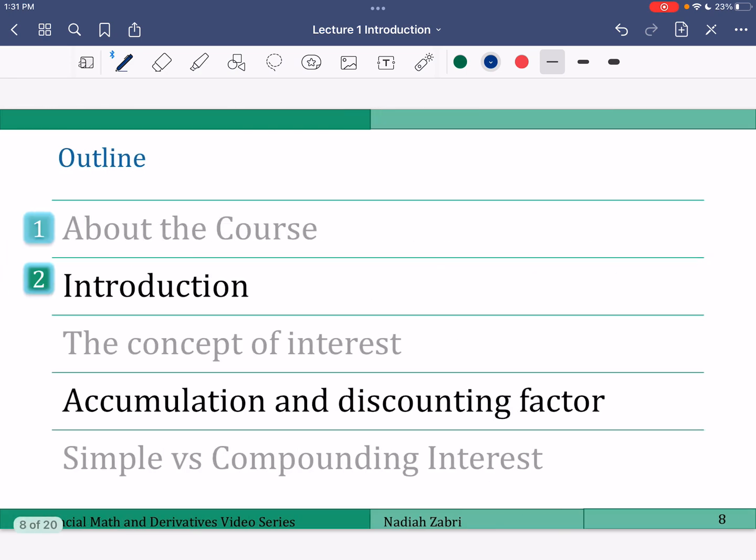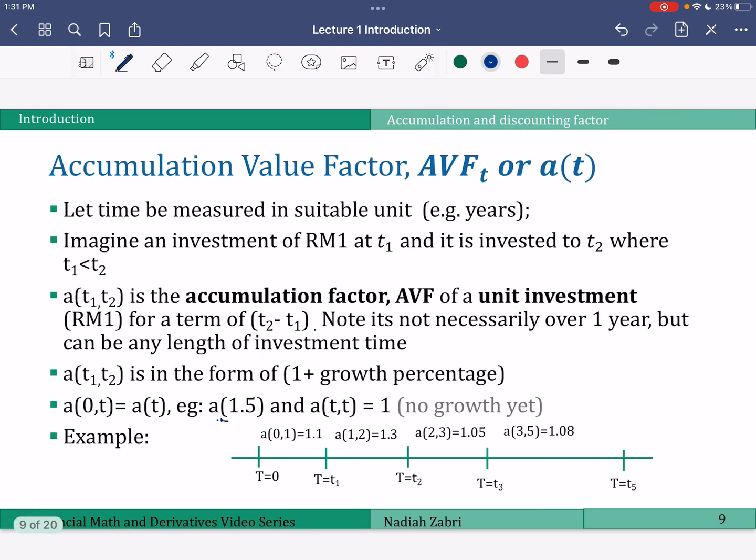Okay, let's move on. Accumulation and discounting factor. Start with the accumulation value factor, AVF. Let time be measured in a suitable unit. Usually we use years, but we can also use months or even days, but the most common is years. Imagine an investment of 1 ringgit from time T1 to T2, where T1 comes before T2, of course.